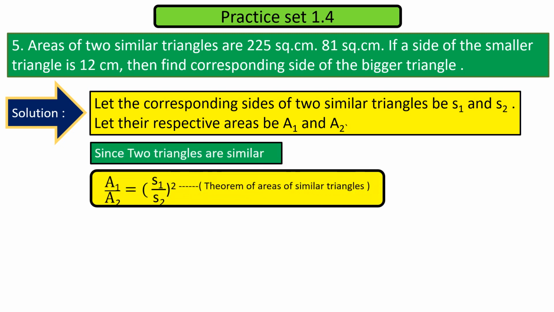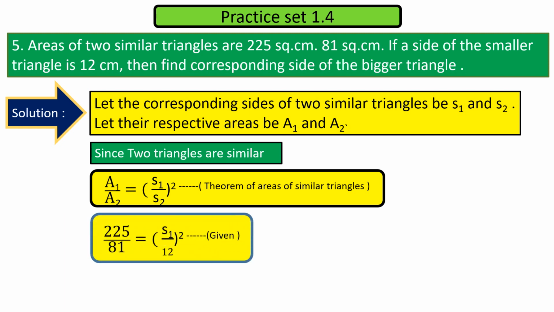Now we'll substitute the values which we know. A1, that is bigger triangle, whose area is 225, and A2, smaller triangle, whose area is 81. S1, the bigger triangle side we have to find, and S2 is known to us as 12. We'll take square root on both these sides. 225 is square of 15, 81 is square of 9.